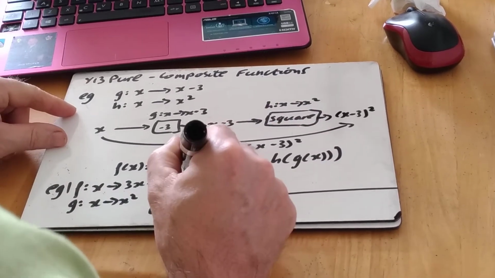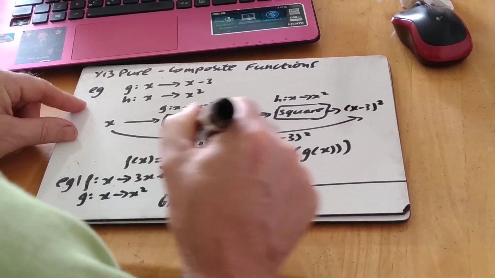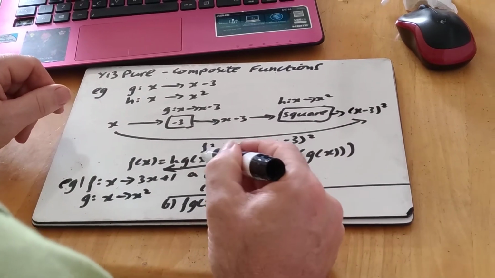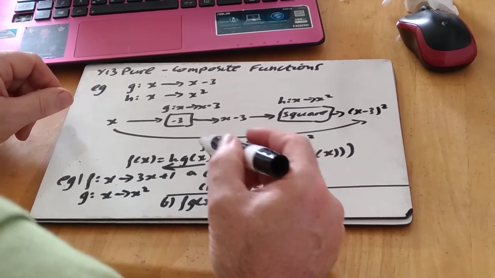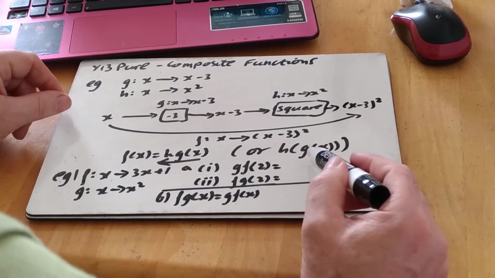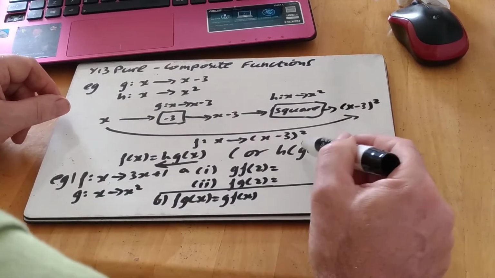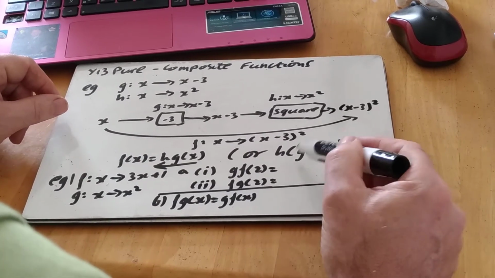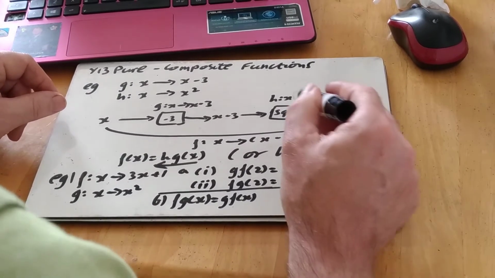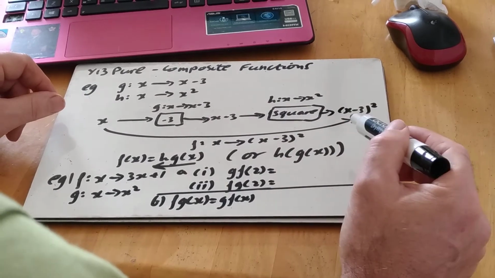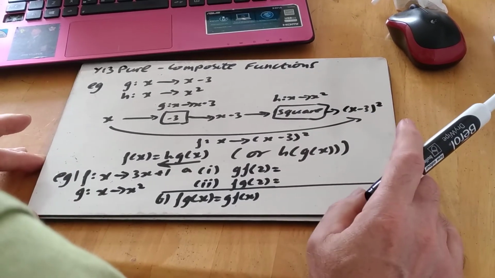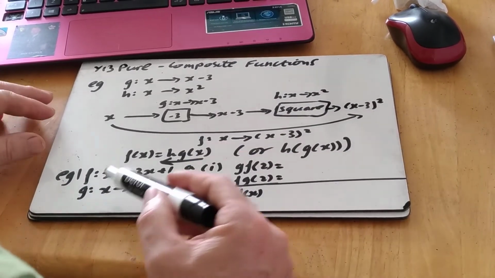You've got to think about going from x and working outwards. What letter is closest to x, that's what gets done first. So it's actually sometimes more useful to think of it as being h of g of x. So I'll do g first, and then whatever the function that is, I stick that into where h is, like this. Okay? So let's have a look at a couple and how they're applied.